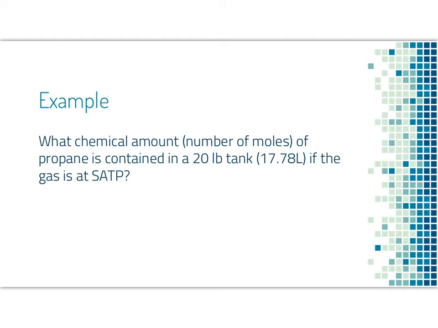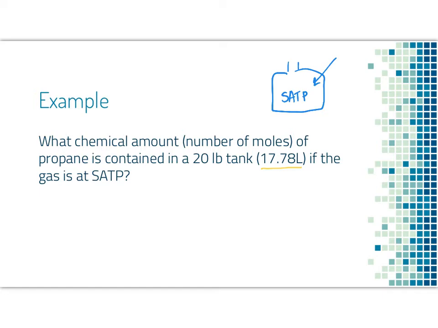So let's try it. What chemical amount or number of moles of propane is contained in a 20-pound tank, or 17.78 liters, if the gas is at SATP? So within the tank, we know that it's not actually 20 pounds anymore, because the tank's pressure is SATP.